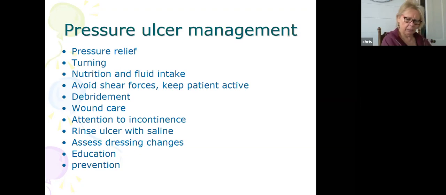Turning the patient, proper nutrition, a lot of water, avoiding shear forces, keep that person active, do debridement, whether it's mechanical debridement or non-mechanical debridement, which we'll talk about. Appropriate wound care, attention to incontinence. Why attention to incontinence? What do we have to worry about with incontinence?